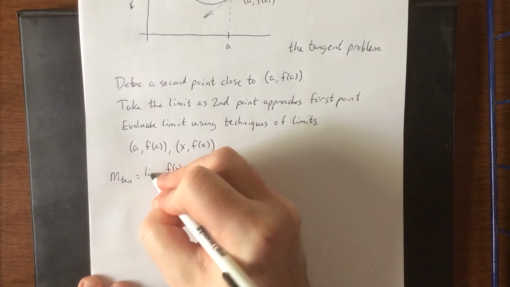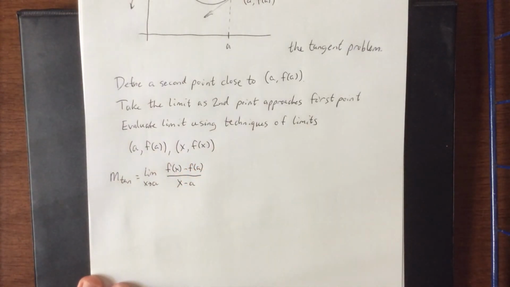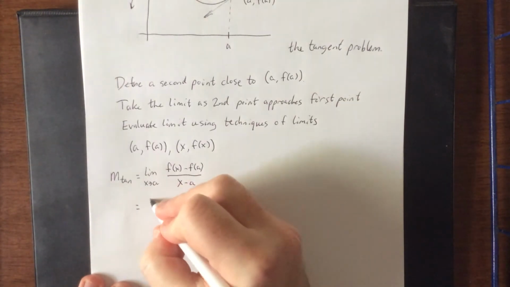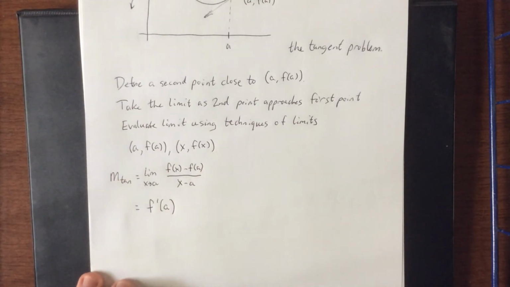Then take a limit as the second point approaches the first point. This is defined as the derivative of f evaluated at a. Now, a derivative is representative of a slope of a tangent line or an instantaneous rate of change.